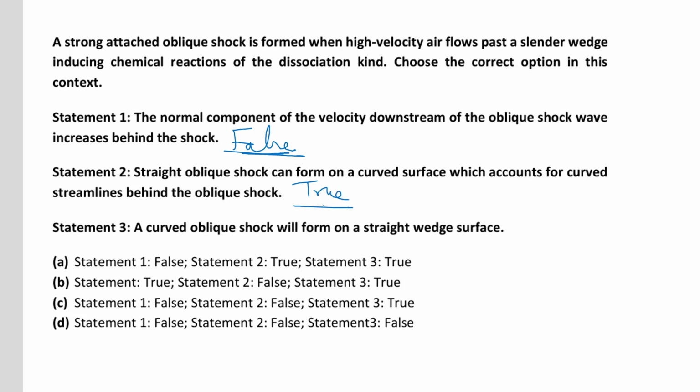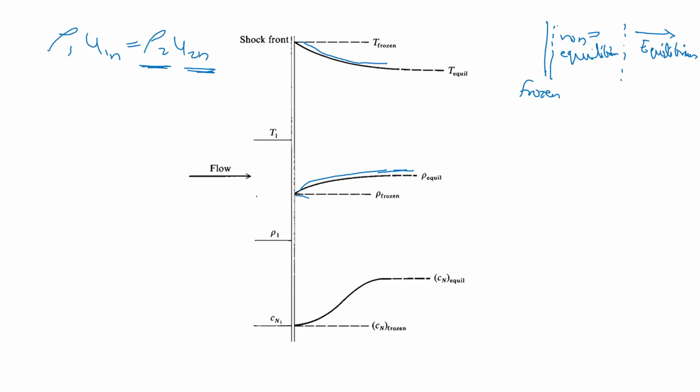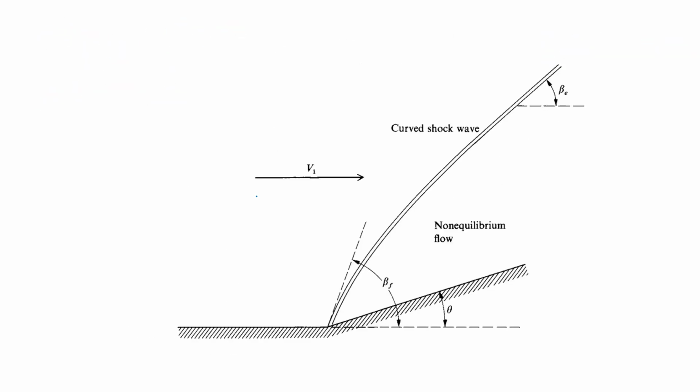We already saw that. Now, similarly, by a similar analogy, a curved shock will be formed on a straight wedge due to the non-equilibrium flow. Here you can see that as the shock angle is decreasing, the velocity increases as we move away from the starting point of the wedge.